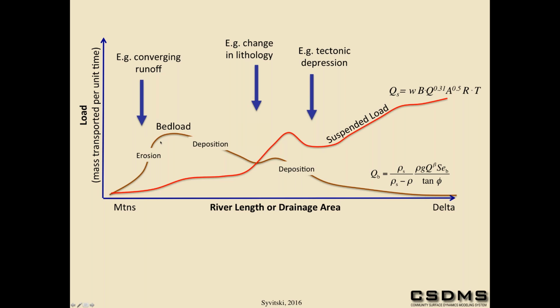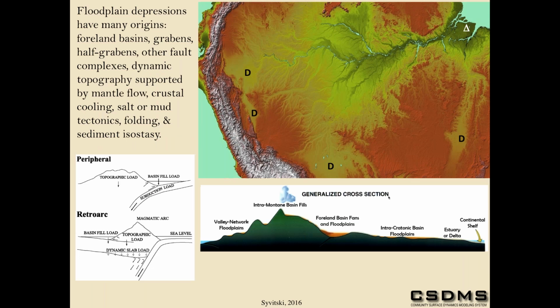And you can see that there could be a fair amount of bed load in the mountainous regions of the world, and that load decreases, where most of that is either converted over to suspended load or it's sequestered in tectonic depressions. And these tectonic depressions, they're everywhere.